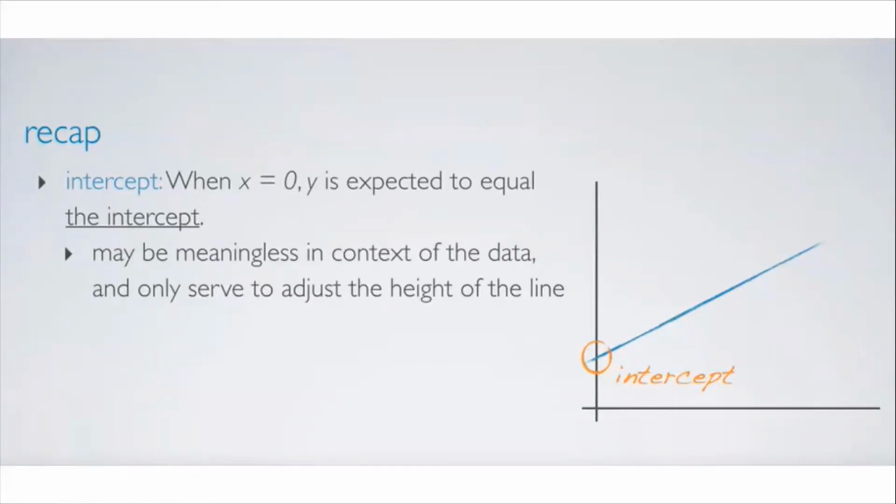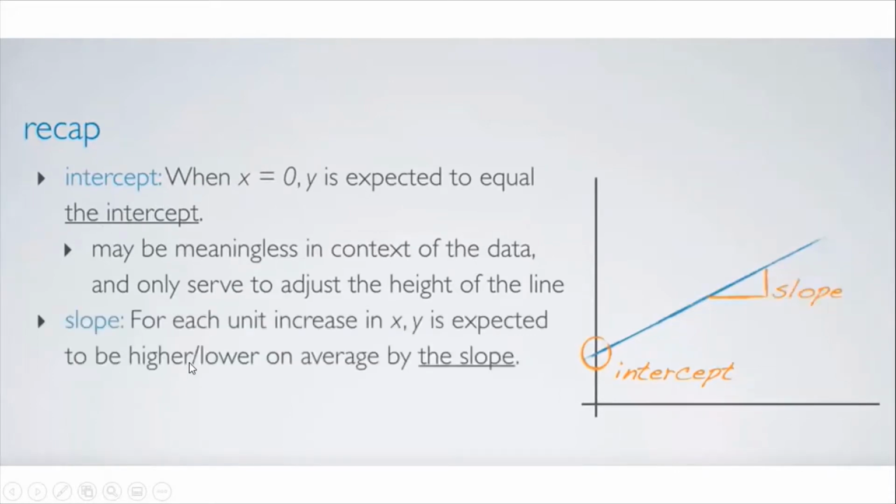Something like age, where you normally don't have age 0, does not convey any meaning. So we usually do not interpret the intercept, but the slope we have to interpret.